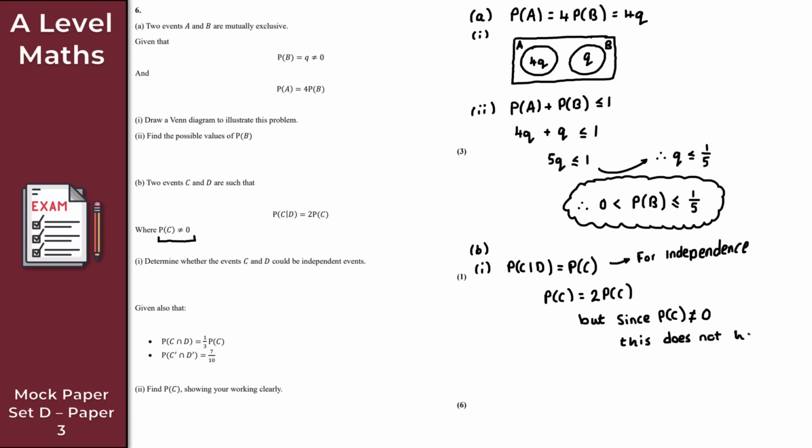And what does that mean then? Well, hopefully it's obvious that this means then that the events C and D are not independent events. Okay, so therefore C and D are not independent. Perfect. Okay, so that's the solution to B part 1.